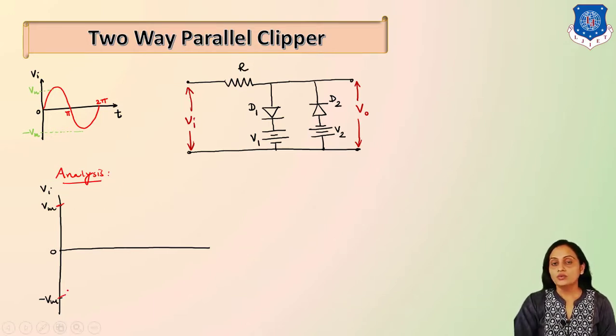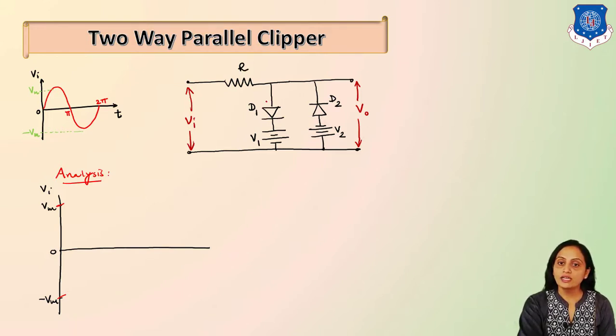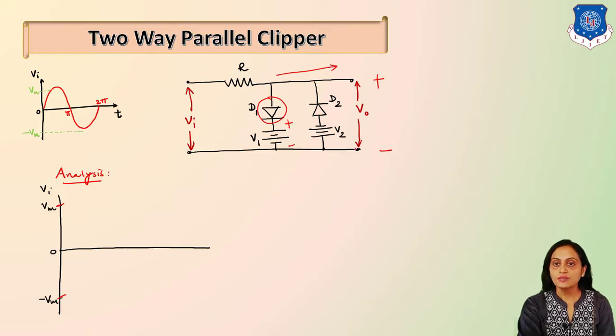Now, how the reference voltages are being plotted, that we will see now. We are having diode D1, and to diode D1 we have V1 connected such that the positive terminal is towards the output plus terminal. So output is taken across these two terminals, and this is the plus and this is the minus terminal of the output. For V1, the positive terminal is connected towards the output plus.